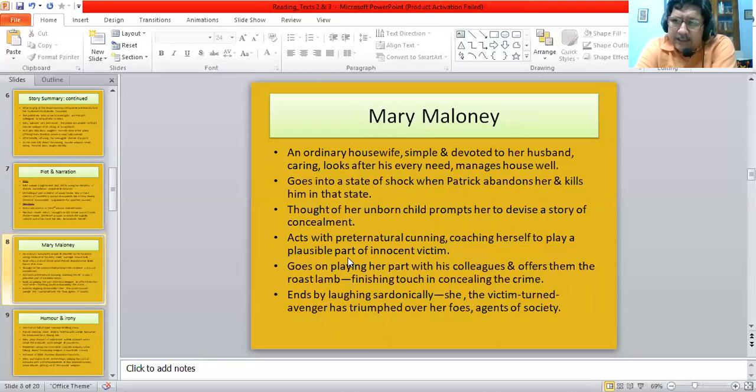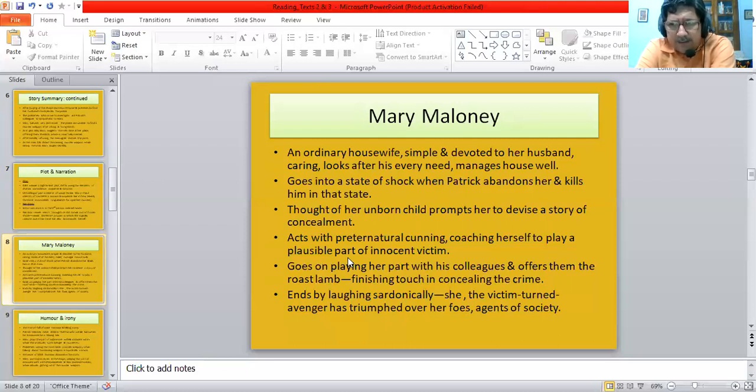So she takes the leg of lamb and she kills her husband with it. And as soon as the murder is done, she comes out of that state of shock and numbness which his revelation had thrown her into. And at that point of time, the idea of the enormity of her action begins to sink in. And she realizes that unless she does something to save herself and her child, she is going to face the full penalty of her actions.